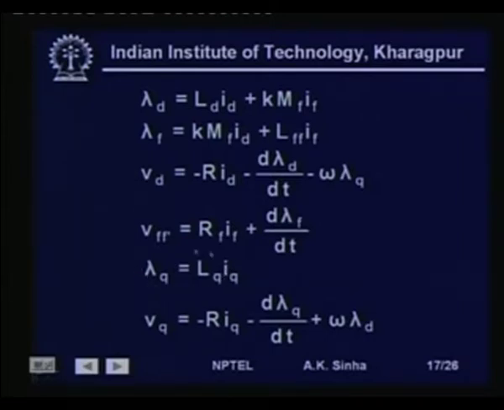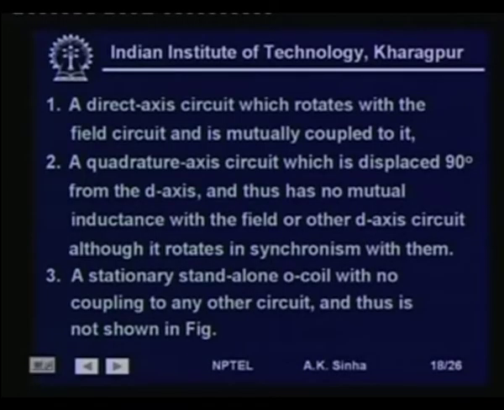So, the q axis coil has no coupling, whereas the d axis coil has a coupling with the rotor coils, since the rotor coil or the field coil is on the d axis, they have a coupling. So, using these equations we can now find out the equivalent circuit for the synchronous machine in two axes, that is d axis and the q axis.